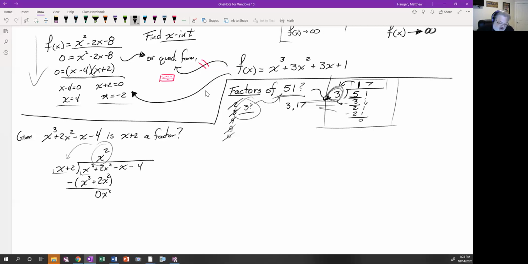So 0x squared, and I'm actually going to write that 0x squared because I want the placeholder minus x. Okay, so what do we have to multiply by x to get 0x squared? That's a weird question. We can multiply by 0, but frankly, I want to consider multiplying by that 0x.